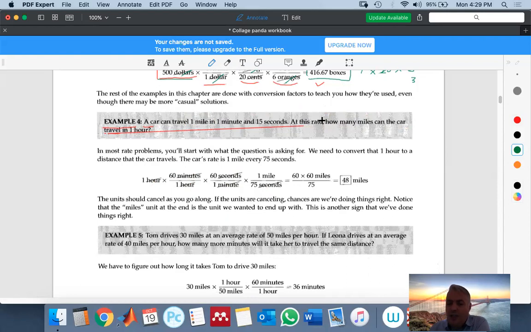Now, when I check the question, how many miles does the car travel in 1 hour? So the things must be in terms of 1 hour. But what is given? The minute is given and the second is given.